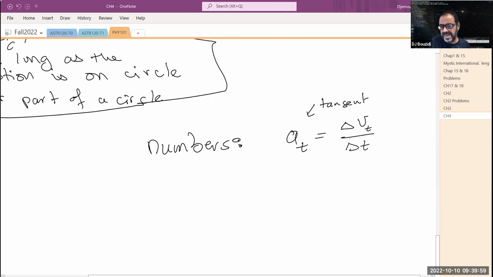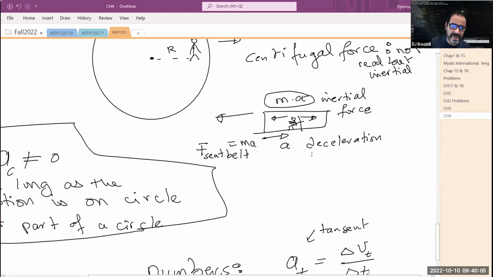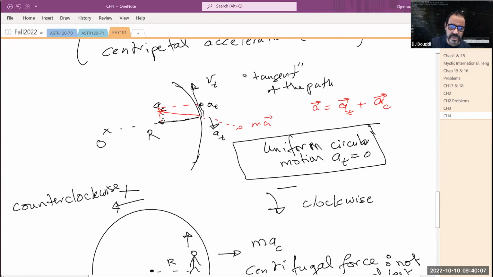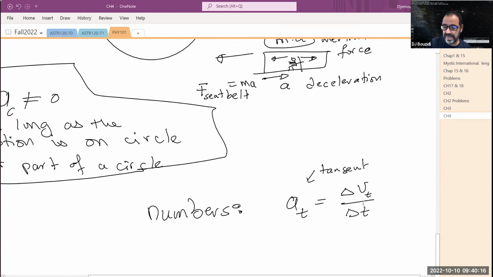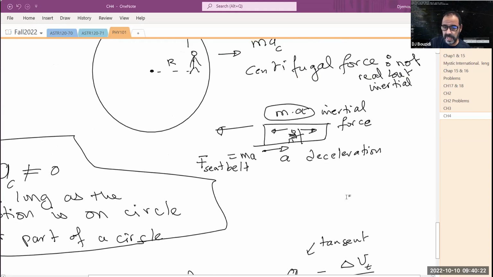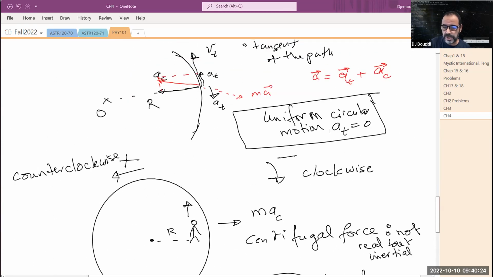So if the velocity is not changing, there is no tangential acceleration, and this picture goes back to just one acceleration, which is the AC. If AT is 0, then this line is exactly AC. So we don't have to worry about it. That is provided that delta VT is 0. VT is constant. And that is what I called earlier the uniform circular motion.